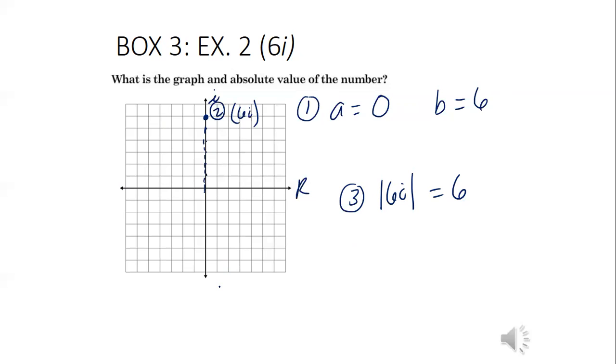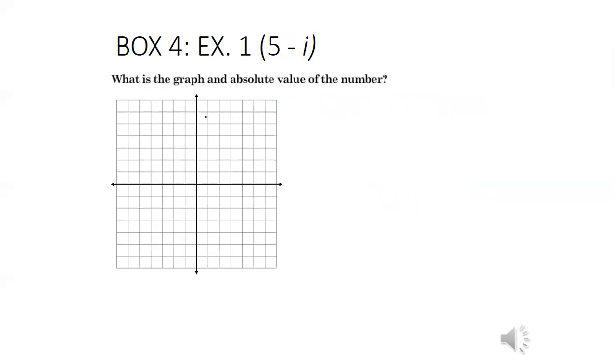Questions with just the imaginary? Yeah, so if it asks you to graph, then you would graph it. If it asks for the absolute value, then that's the answer. Okay. Our last, this is example 3. Our real and our imaginary.